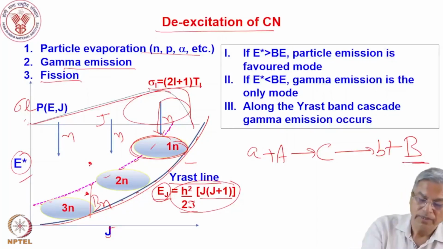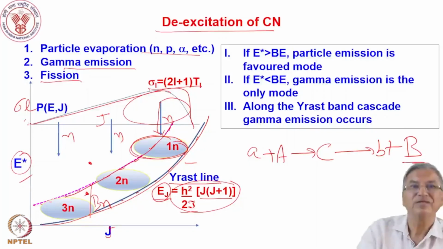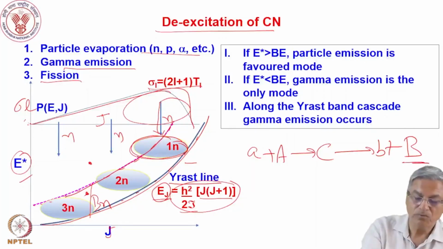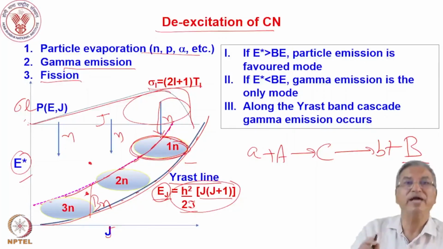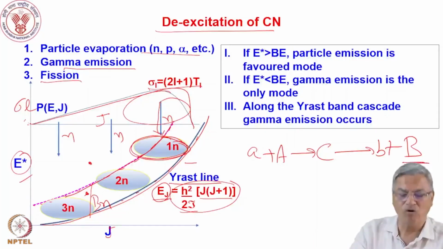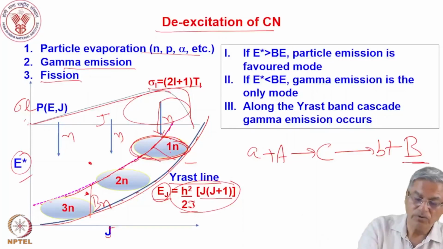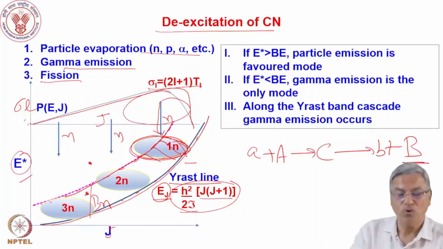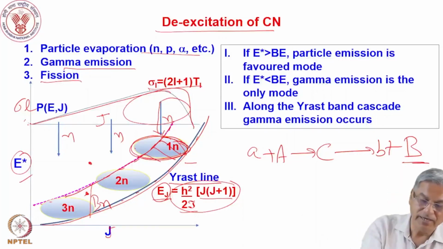Any population which comes in this yrast band will be due to the particular product. If you recall the excitation function, 1n, 2n, 3n are bounded. This population is now frozen to the 1n product, this population is frozen to the 2n product, and so on.